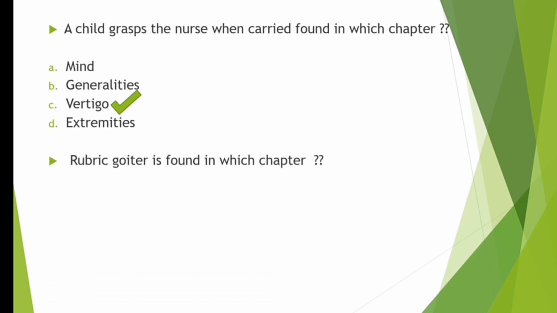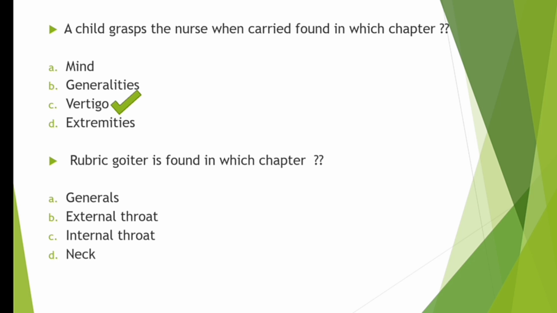Then goiter is found in which chapter? Options: generals, external throat, internal throat, neck. Here, if we know the chapters' names clearly, simply we can answer. There is no chapter called generals like that in the repertory, and no internal throat, no neck either.